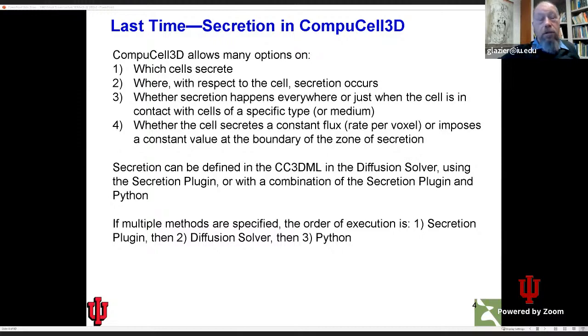And as Giuliano and I checked, if you define secretion in multiple places, it's done multiple times. And the order of execution is the Secretion plugin, then the Diffusion Solver, and then the Python version. And that may or may not be significant to you. And that ability to do that multiple definition may be useful or may be a confusion. But it is there.